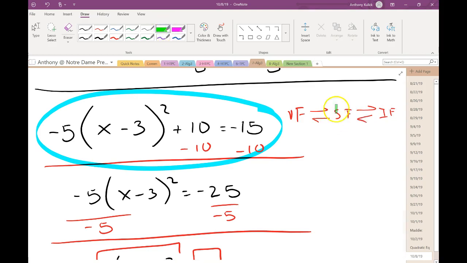So we want to find out how to go from here in standard form to vertex form. Is it not foiling? So foiling is to go from intercept form to standard form. Factoring goes from standard form to intercept form.